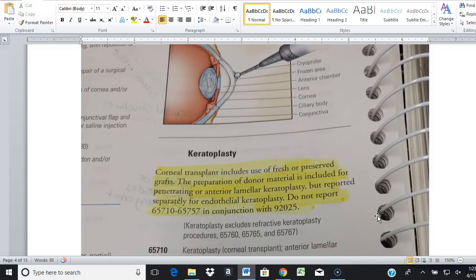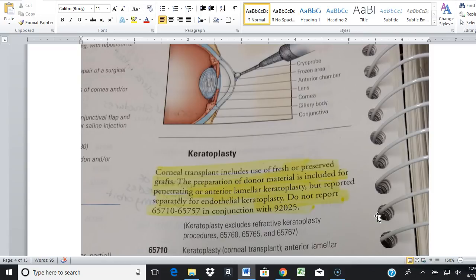Do not report 65710 to 65757 in conjunction with 92025, because if we go to 92025, this is ophthalmology. 92025 is computerized corneal topography, unilateral or bilateral with interpretation and report, because that is included in this.